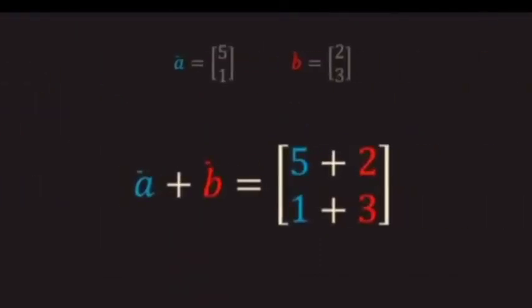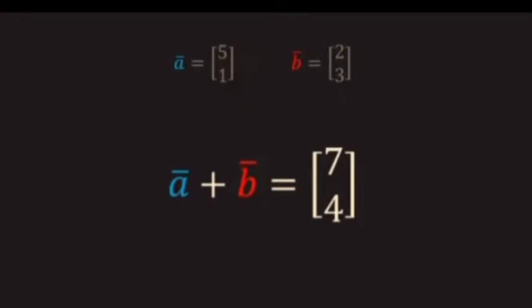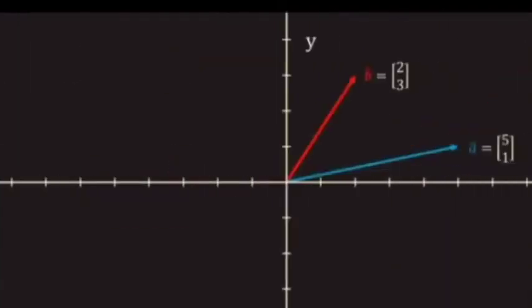So for example, we have here vector A, that is (5, 1), and vector B, that is (2, 3). We're going to add: 5 plus 2, 1 plus 3. So that is (7, 4). So the sum of vectors A and B is (7, 4).